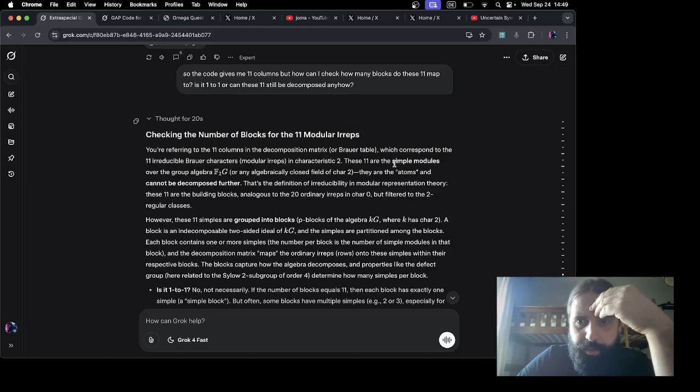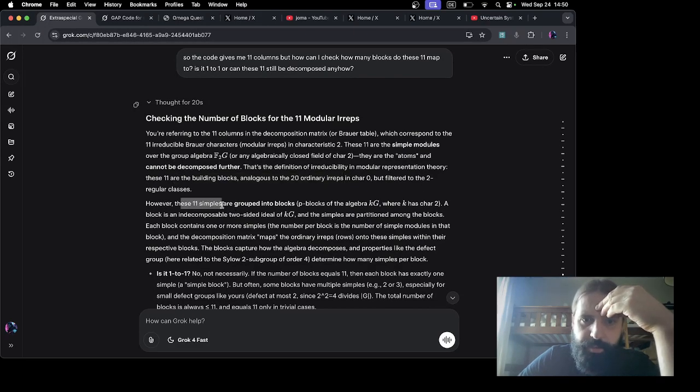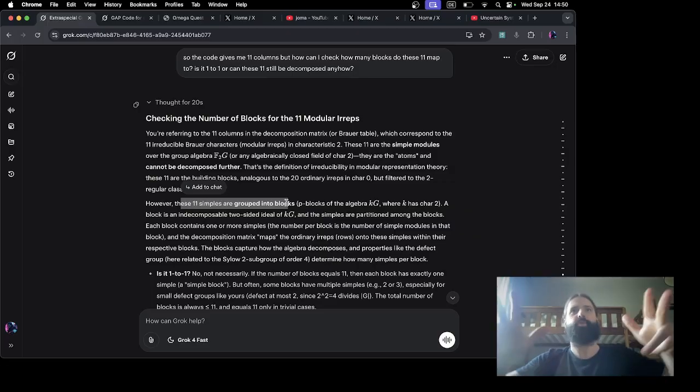These 11 are the simple modules over the group algebra F2G for any algebraically closed field of char 2. They are the atoms and cannot be decomposed further. That's the definition of irreducibility in modular representation theory. These 11 are building blocks, and I would say 20 ordinary irreps in char 0, but filtered to regular classes. However, these 11 simples are grouped into blocks. That's what I was missing.